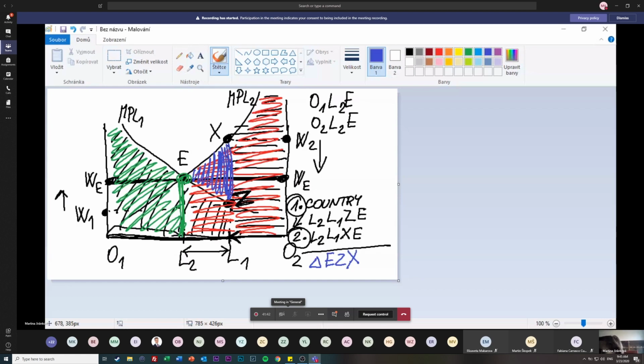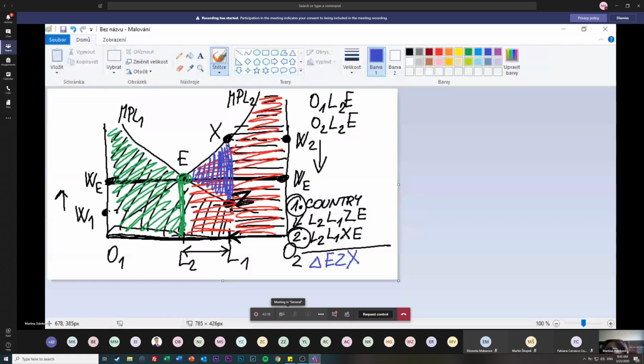So I will repeat it once more. I think you understand the philosophy. At first, the GDP was in the first country O1, L1Z. It was finishing by the line ZL1. And at first, the GDP in the second country finished at the point X and the line XL1.